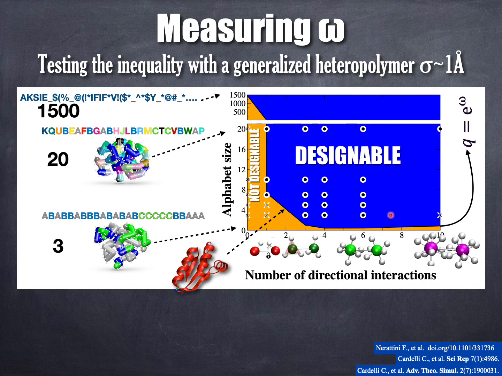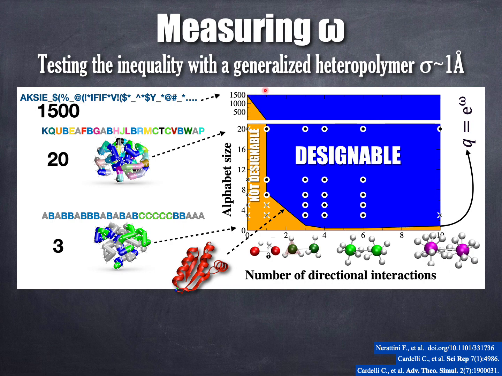Another interesting result of this phase diagram is that when you don't have any patches, so here there will be just the vertical axis, the line, the phase diagram line crosses at an alphabet size of about 1,500 letters, and this is for a chain length of about 50 monomers.